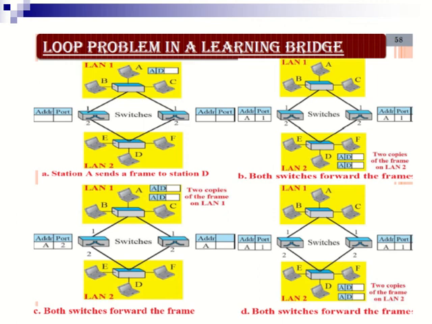The tables of both switches are updated, but still there is no information for destination D, as shown in figure C. The two copies of the frame received in LAN 2 did not have the destination address, so they will be forwarded again back to LAN 1 through these two switches.